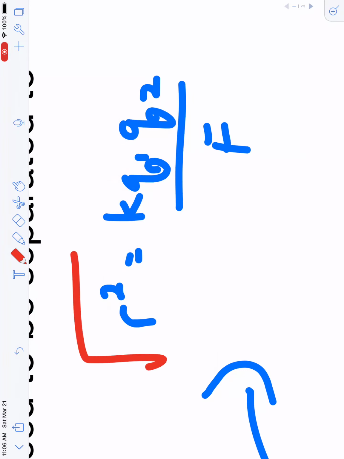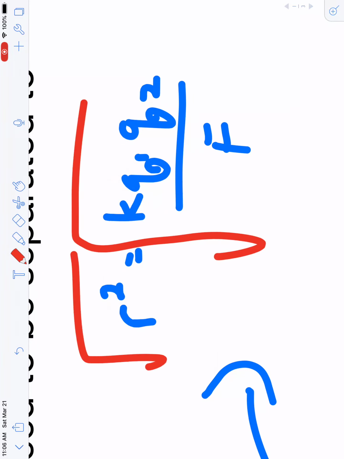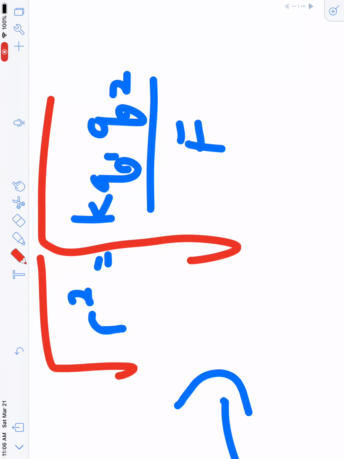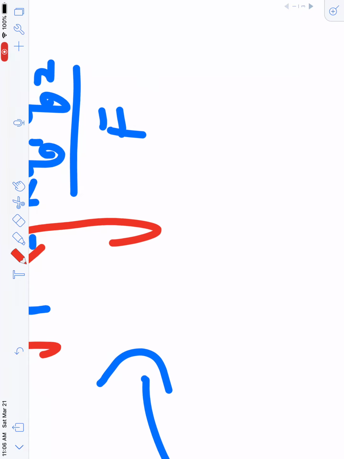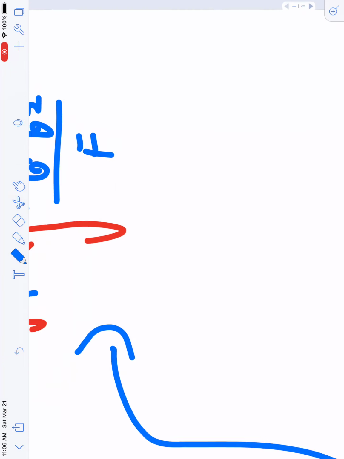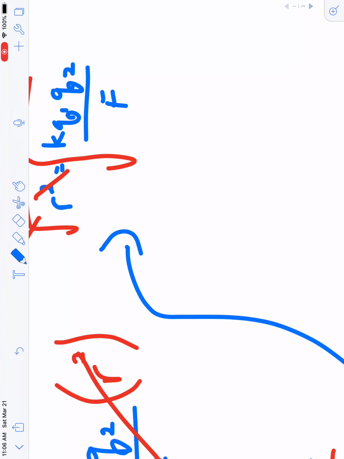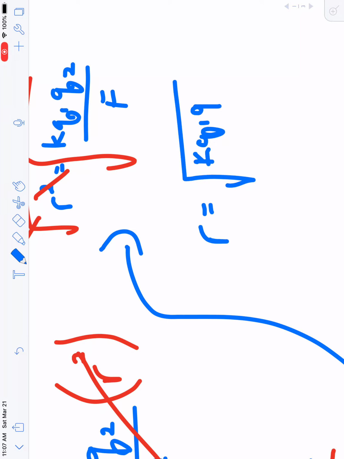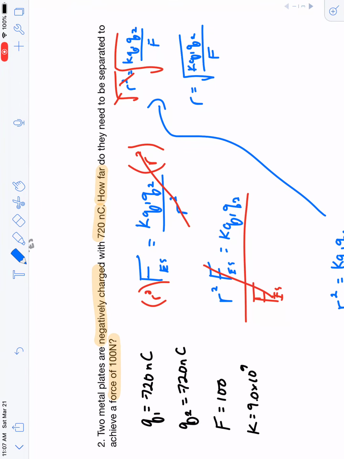We have that square, so we're going to square root both sides. On the left-hand side, the square root and the square are going to cancel, which is going to give us r by itself. So now we have r equals the square root of K Q1 Q2 over the force.